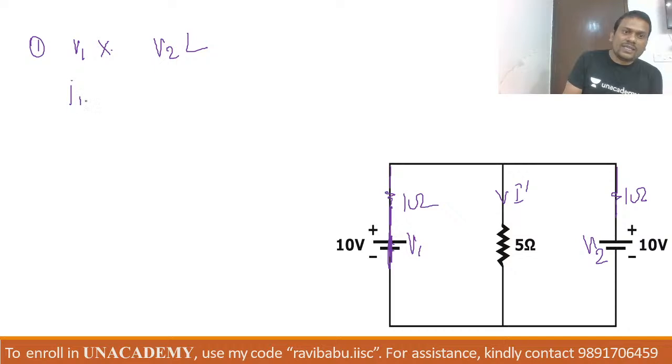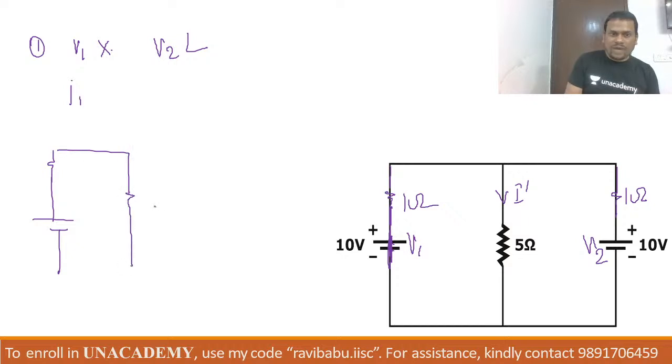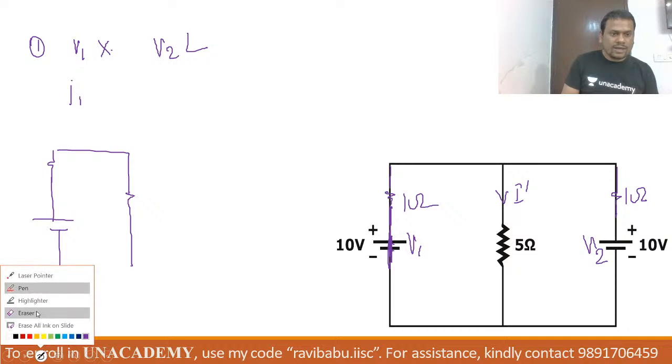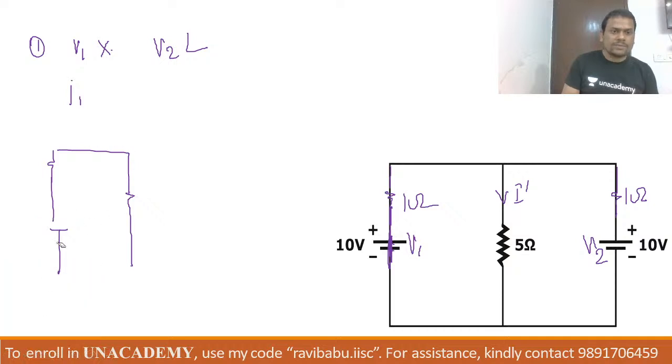I dash is nothing but, see beta, 10 volt, 1 ohm and 5 ohm and 1 ohm. So see beta, what will be the equivalent resistance? I want to draw a circuit in this fashion. This is 10 volt beta, 10 volt. Here we have 1 ohm beta. Here we have 5 ohm beta. Just wait a minute beta.